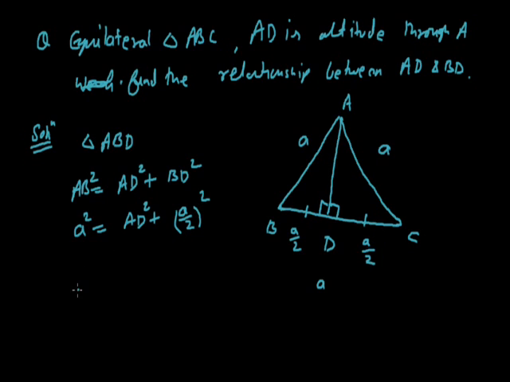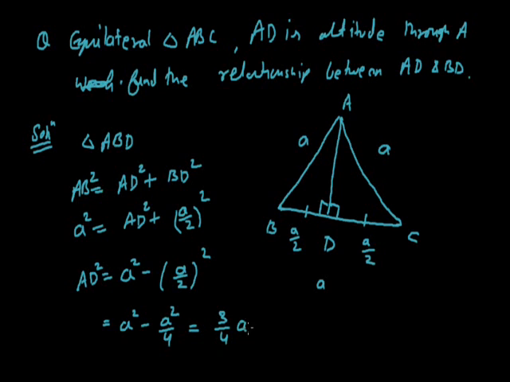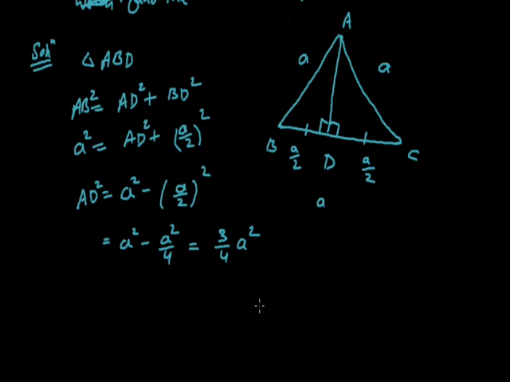Now AD square is equals to A square minus A by 2 whole square. So A square minus A square by 4, that is 1 minus 1 by 4, we get 3 by 4 A square.